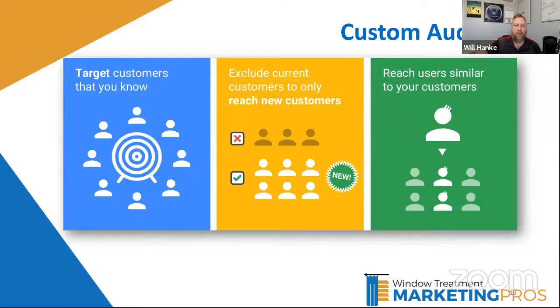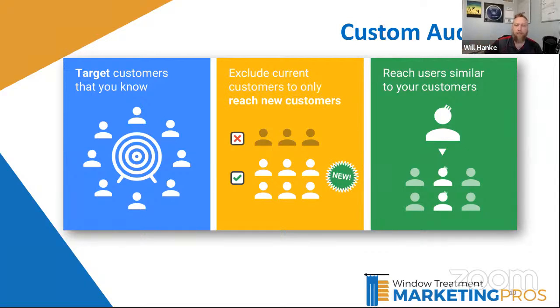And then there's also something called lookalike audiences. Lookalike audiences are a group of people that, when you upload an audience, let's say you upload again your past customers, Google will take that list of people, they will reverse engineer demographics related to that type of person, that persona.